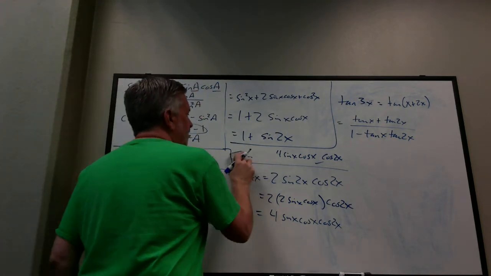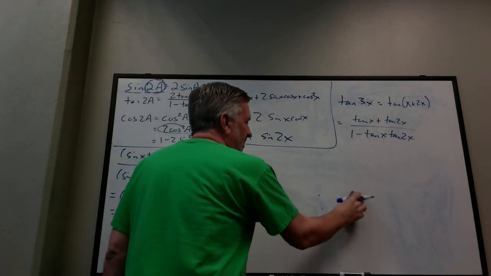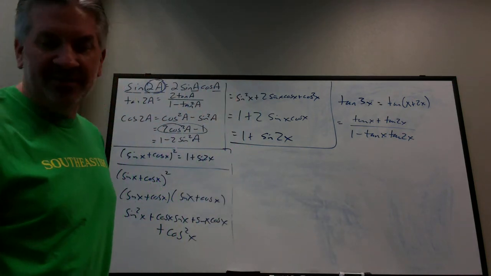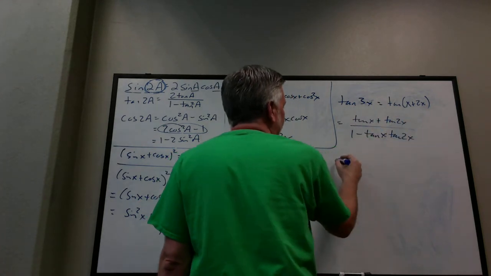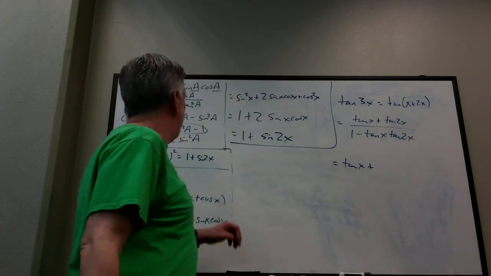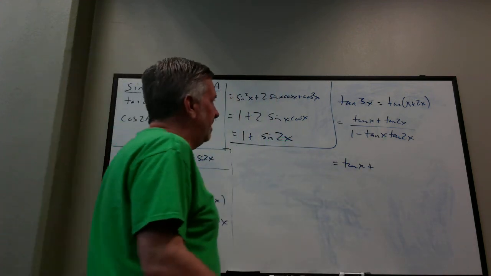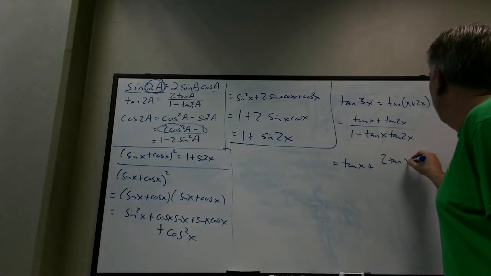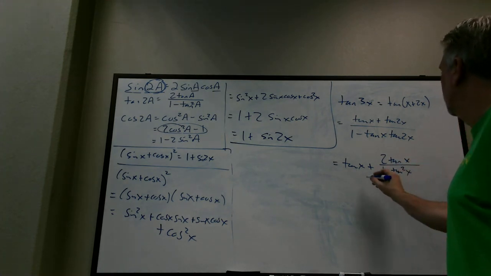And so notice we made a little bit of progress there because we do have a tan x in the problem, but we also have tangent of 2x. And the problem said right in terms of tan x. So this tan x is fine, but the tan of 2x is not. So what do we need to do? Well, we know what tan of 2x is. Tan of 2x is 2 tangent x over 1 minus tangent squared x.